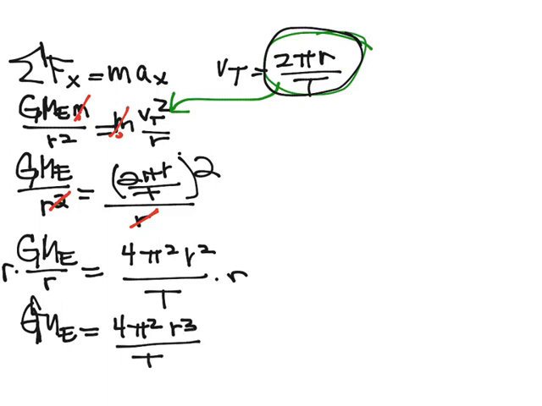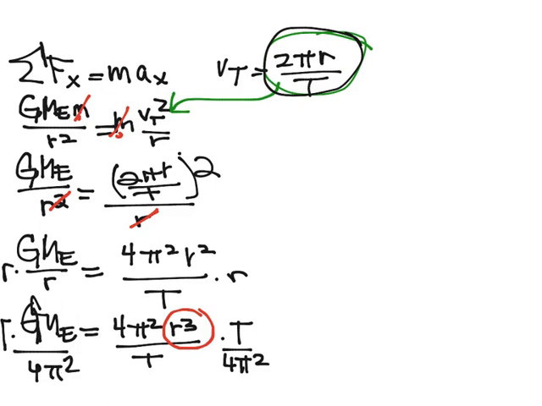Now I want to get rid of everything that's not an r on this side of the equation, so I want r cubed by itself. I'm going to multiply by t squared on both sides, and divide by 4 pi squared.